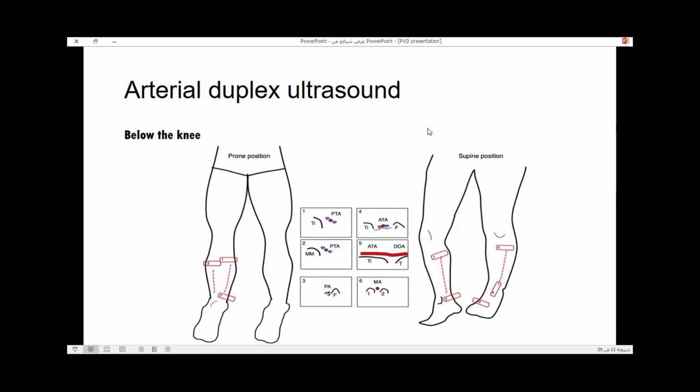We can see them in prone and supine positions. In prone position, we mostly assess the posterior tibial and peroneal arteries, while in the supine position, we can better evaluate the anterior tibial artery.